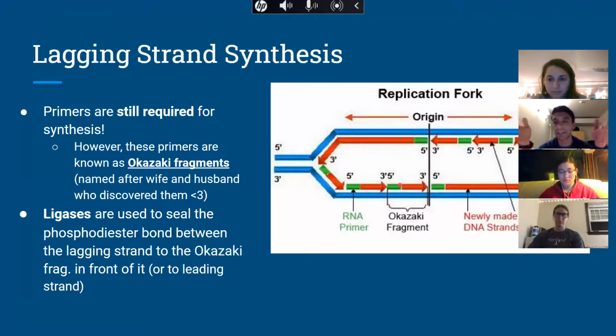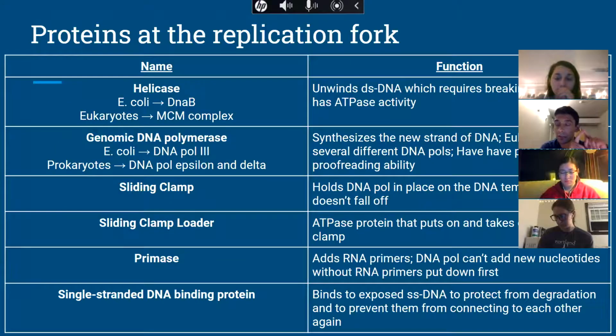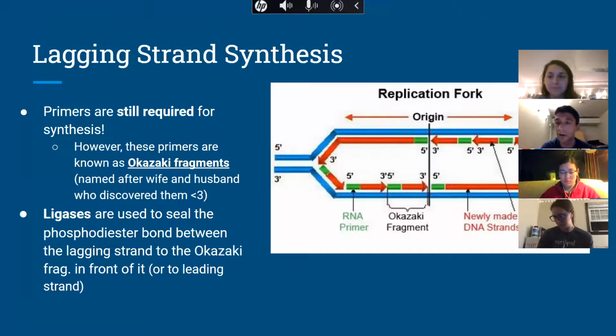And obviously the cell wouldn't want that. DNA wants everything to be cohesively bonded. So ligase catalyzes that bond to fuse the newly synthesized daughter strand onto the Okazaki fragment that it's approaching.